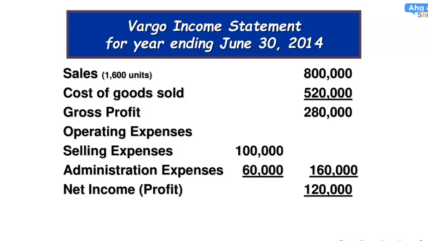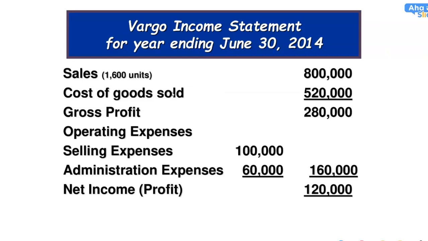But for our purposes, it ain't perfect. It doesn't give us the information we need to predict. If I increase my sales from 800 to 900, what would my cost of goods sold be? Would it go up or down? What would my selling be? What would my admin be? What would my profit be? I can't estimate that in the format that I have here.